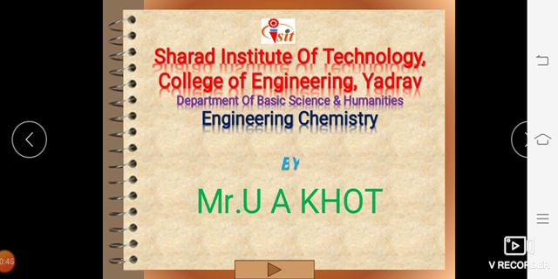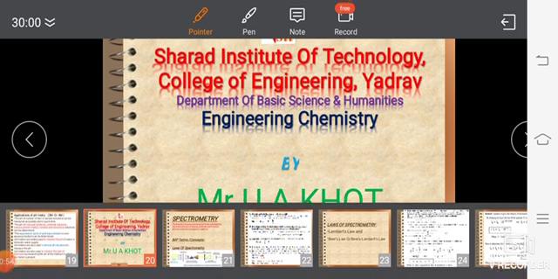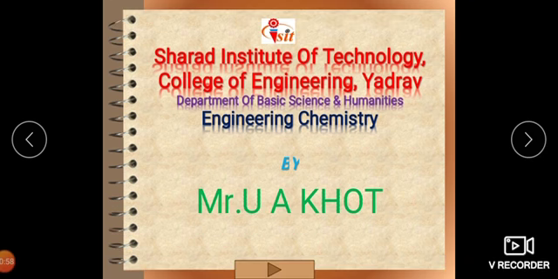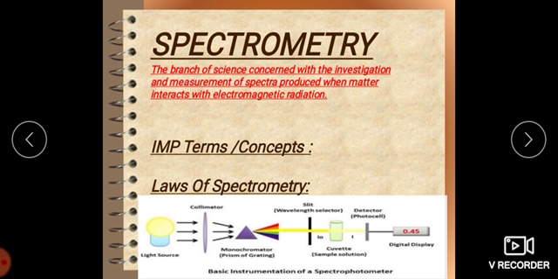For today's lecture we are going to see the second method, the second technique, that is spectrometry. So what do you mean by spectrometry? It is a branch of science concerned with the investigation and measurement of spectra produced when matter interacts with electromagnetic radiation.